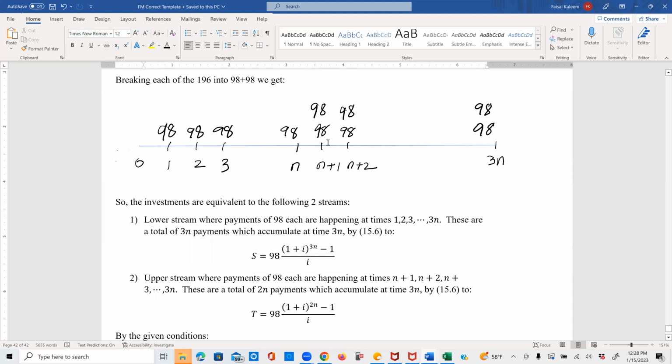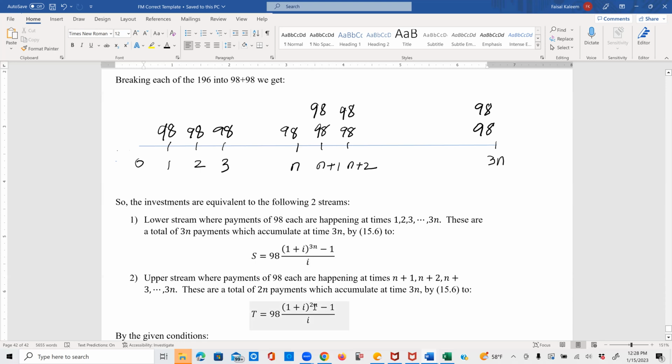It's the same as starting at n plus 1 and wanting to know their value at 3n. So this time there are 2n of these. If we call T the accumulated value of these payments, then they accumulate to 98 times (1 + i) to the 2n minus 1 over i. So same as the above equation, but instead of 3n payments, now we have 2n payments.